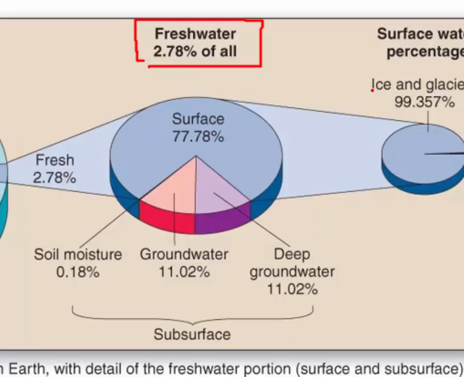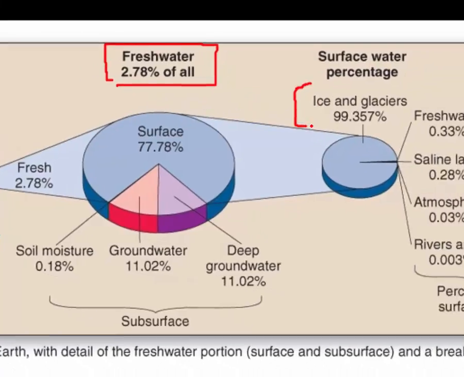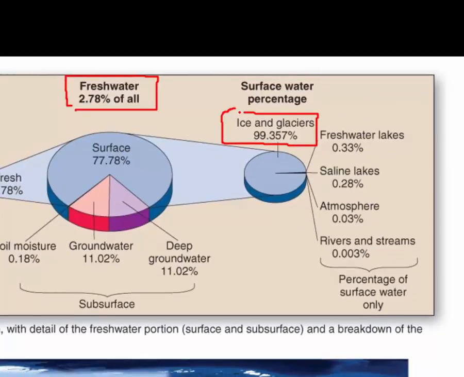What's really interesting, that a lot of people don't recognize, is that something on the order of 78% of that fresh water that's drinkable, usable for irrigation, is actually held in ice and glaciers, which is really pretty enormous. There's smaller percentages.